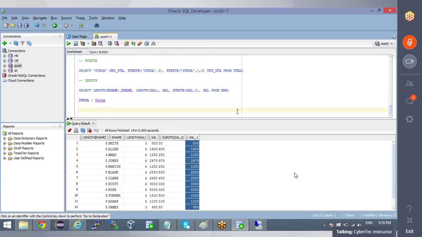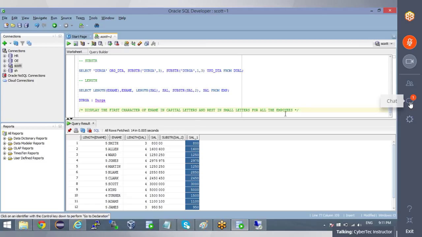So the assignment is all about: display the first character in capital letters and the rest in small letters for all the employees. First character of ename, for all the employees.